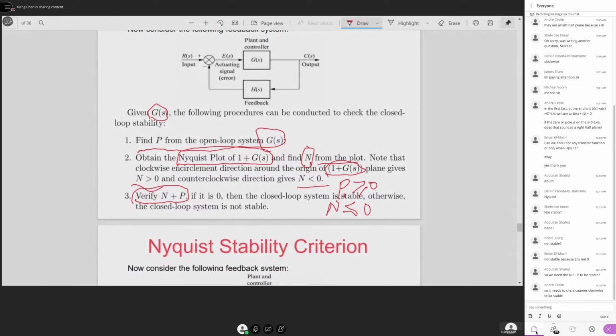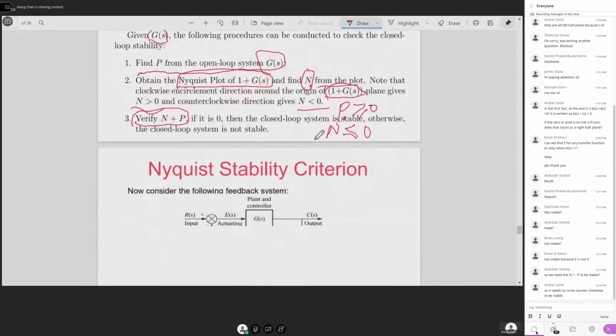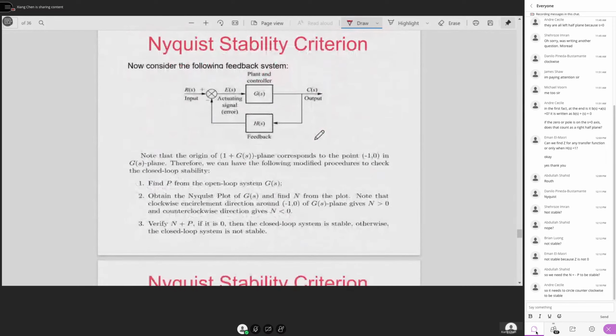Yes, you can do that. We can actually only stick with the G of S plane. However, you have to be careful, because the origin of the 1 plus G of S plane actually corresponds to the point -1, 0 in the G of S plane.